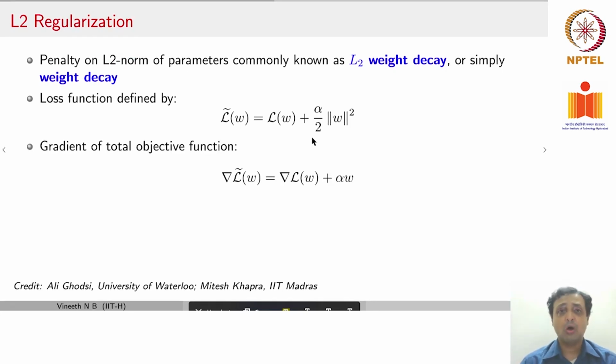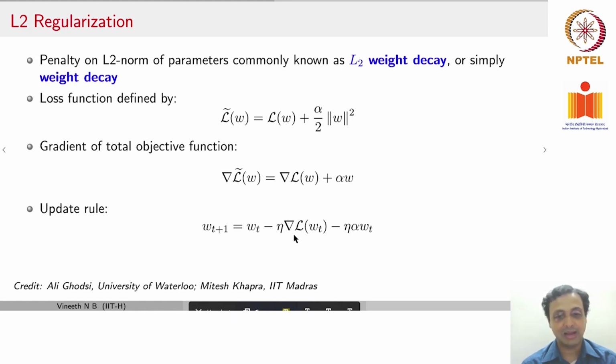So the gradient now of the total objective function will look like grad of L tilde of W. L tilde is the new objective function with the L2 weight decay term, is equal to grad of L of W, which was your original loss function, plus alpha times W. When you differentiate this with respect to W, 2 and 2 get cancelled and you're left with alpha W. So your gradient descent update rule is going to look like W t plus 1 is equal to W t minus eta, step length, times grad of L at W t, minus eta times alpha W t.